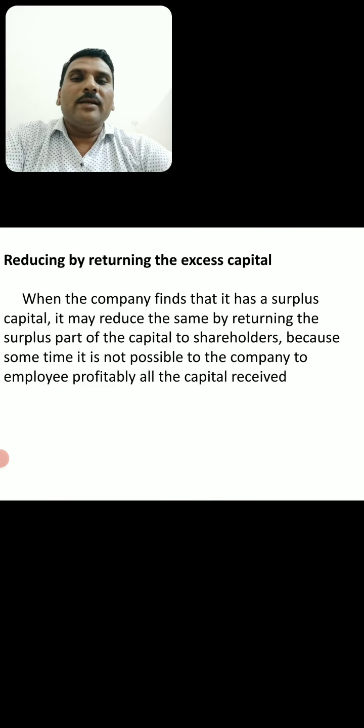By repaying the excess amount, the capital can be reduced. So here the company does not have the authority to use all the amount that is received from the shareholders, that is the excess amount received from the shareholders. Therefore, the company can reduce its share capital by returning the excess capital received from the shareholders.